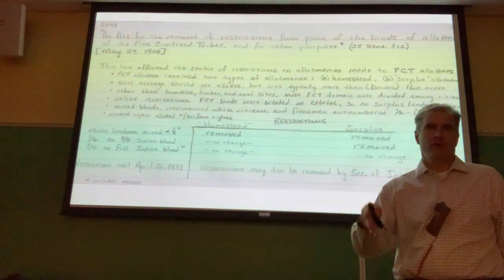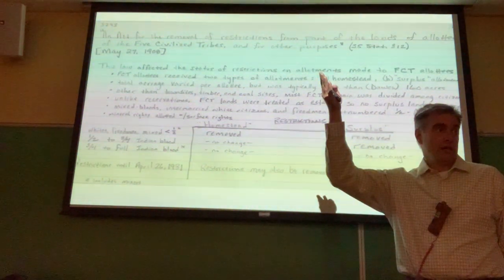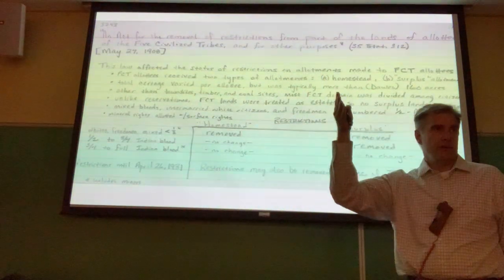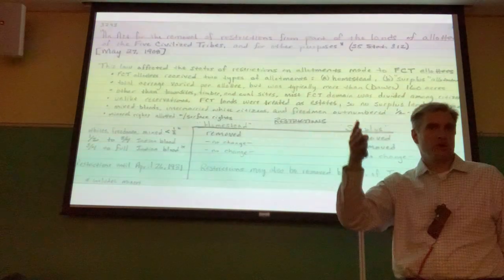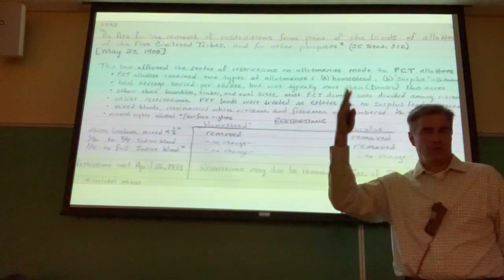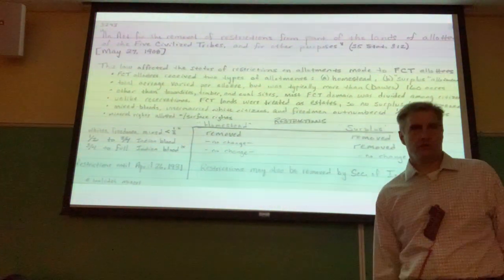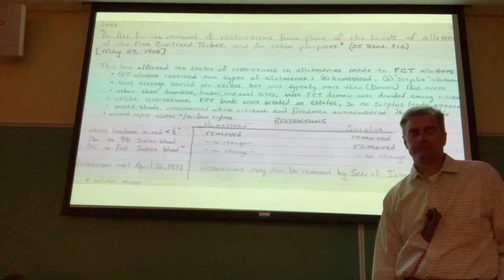So all 4 of the 5 civilized tribes had land that was crossed by the Katy Railroad, and that was intentional on the part of the Missouri, Kansas, Texas Railroad. They were trying to tap agricultural products produced in Indian Territory in the 1870s.